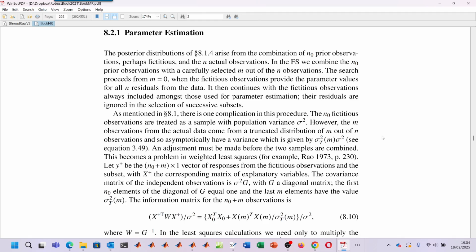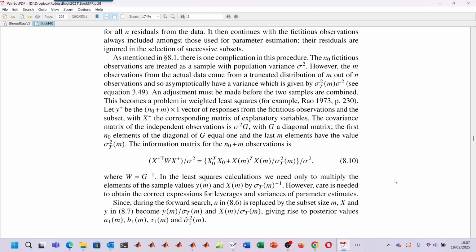So, an adjustment must be made before the two samples are combined. This becomes a problem in weighted least squares. Therefore, here we are combining a normal sample with a truncated sample. The normal sample comes from the fictitious observations, the prior observations. The truncated sample comes from the m observations during the forward search.